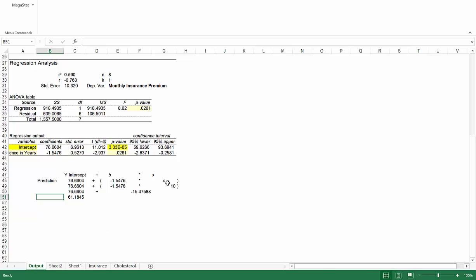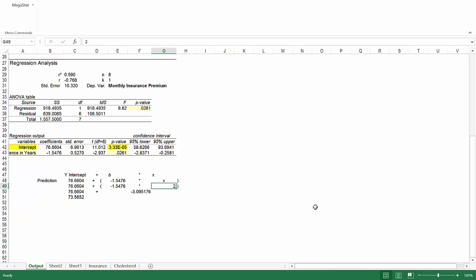Now we can change this x number. Let's say that we wanted to know what would be the predicted value of insurance premium if a person had 2 years of driving experience. Then I can insert a 2 here. My calculations will change, and my predicted monthly insurance premium is $73.57.